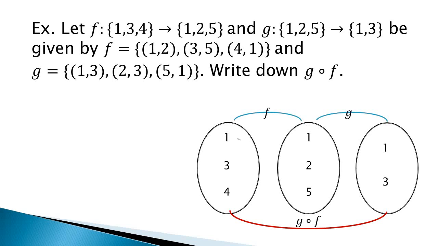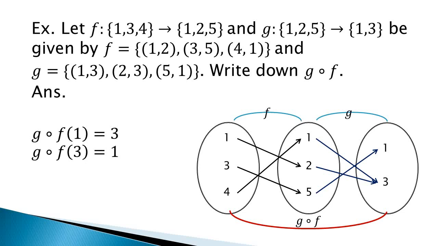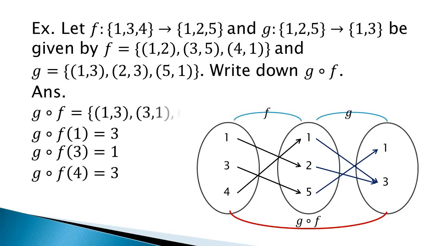So g of f can be found as earlier. You can see the arrows and find the values of g of f. That is g of f(1) is equal to 3, g of f(3) is equal to 1, like this. Hence the function g of f can be written in this way: (1, 3), (3, 1), (4, 3).